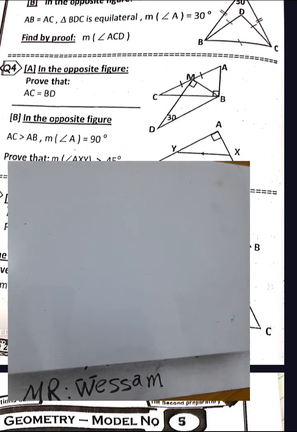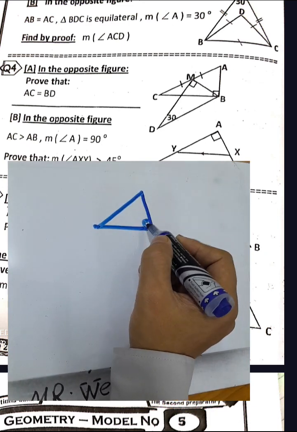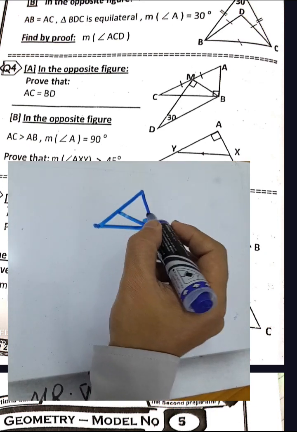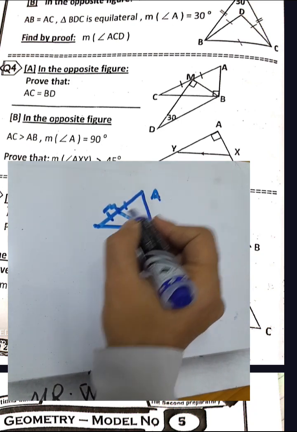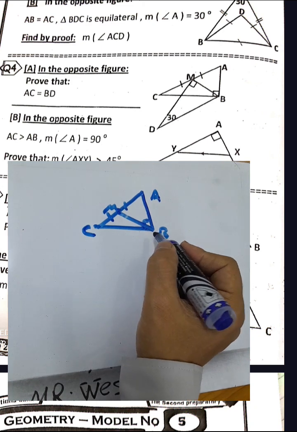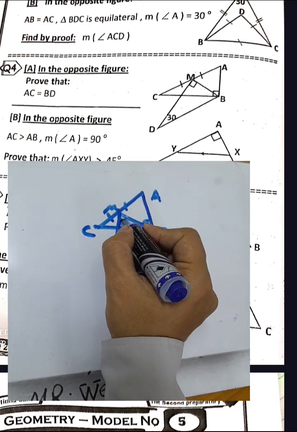We have a right angle triangle here, and this median bisects the hypotenuse into two equal parts. We have triangle ABC and this triangle, just write it.